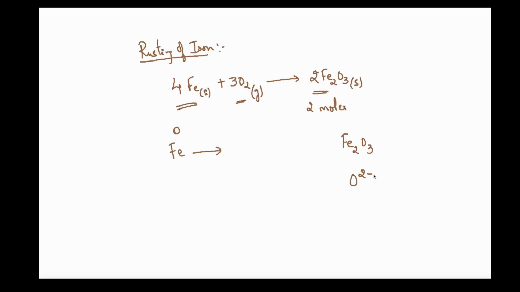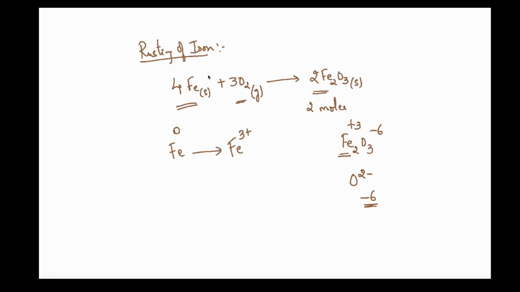Now because there are 3 oxygens here, 3 into 2 will give rise to minus 6. So oxygens have a total charge of minus 6. So iron here is actually existing in ferric state, which is 3 plus, because there are 2 atoms of iron, each of them should be plus 3.